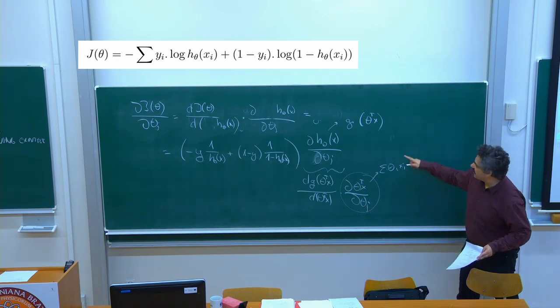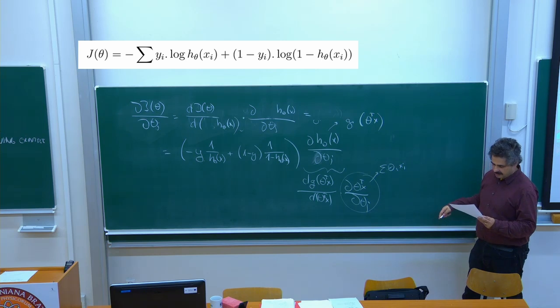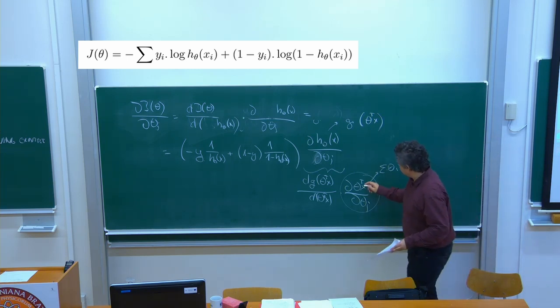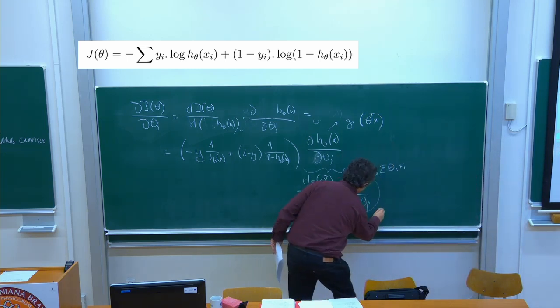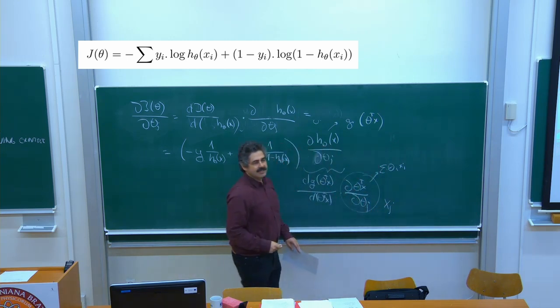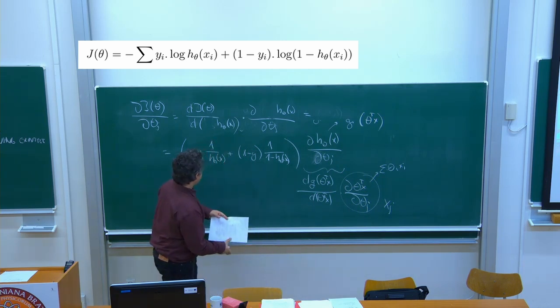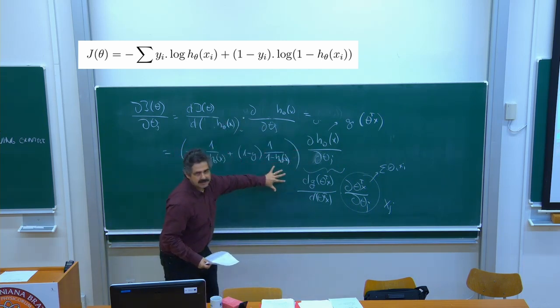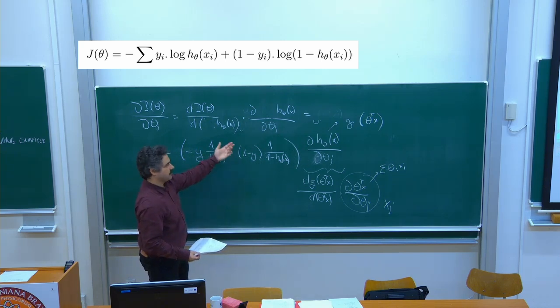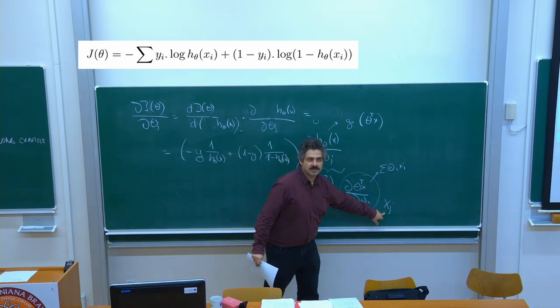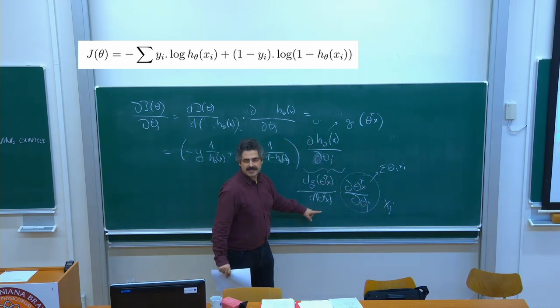So the only thing that will remain is xj, right? So this thing will turn into xj in the end. So I have already resolved this part. This is a nice formula, no derivatives in here. I have resolved this part, this is xj. The only thing that remains is the derivative of the sigmoid function.